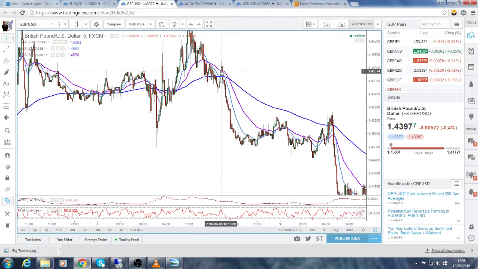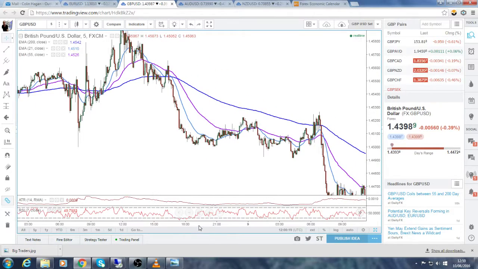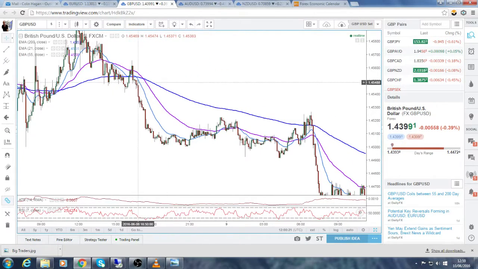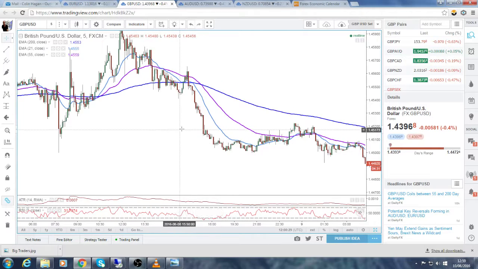This was Wednesday afternoon, and the market fell quite heavily, but with strong elephant bars. Strong directional moves, strong solid candles, very little wicks. We call those elephant bars. The elephants are in town and they're in for a reason.